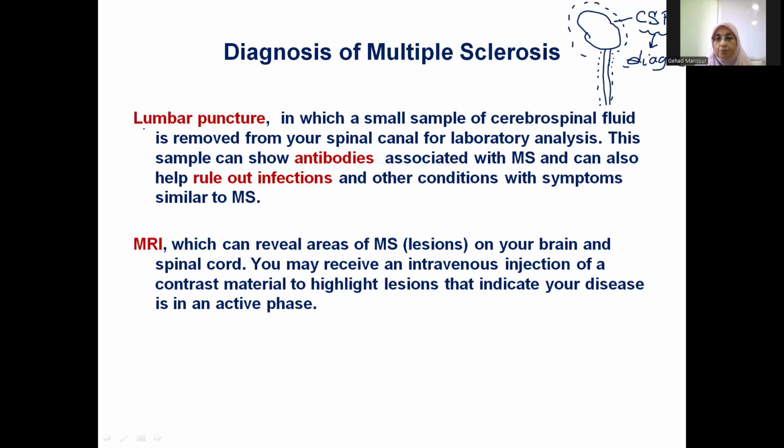A lumbar puncture means that in the lumbar region of the spinal cord, we're going to introduce a wide bore needle under aseptic conditions. Of course, it should be under complete aseptic conditions.